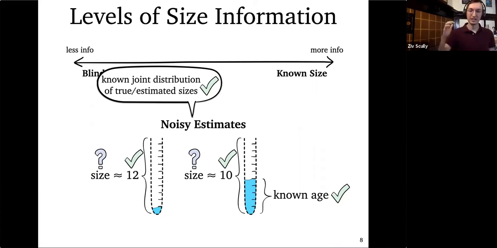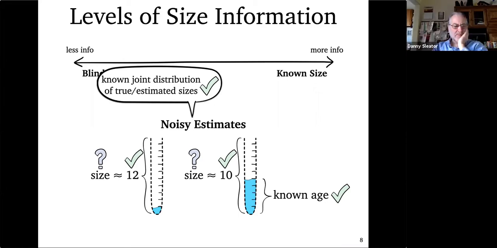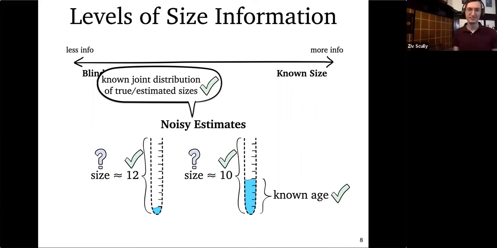Conditioned on a job having size 10, that gives us a conditional distribution of what its true size is. Maybe it's going to be a normal distribution centered around 10 or something like that. And so even though we don't know what that size is, we know it's drawn from that distribution. And we're going to use that information to schedule. Does that help answer your question? Yeah. Cool. Any other questions?